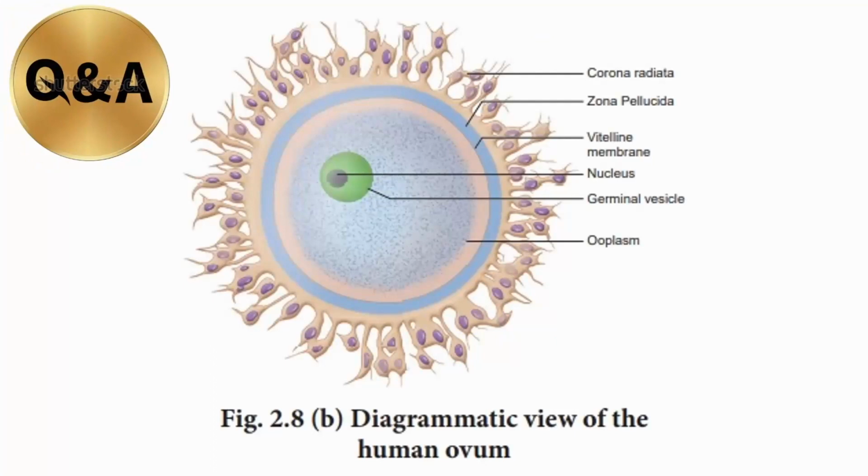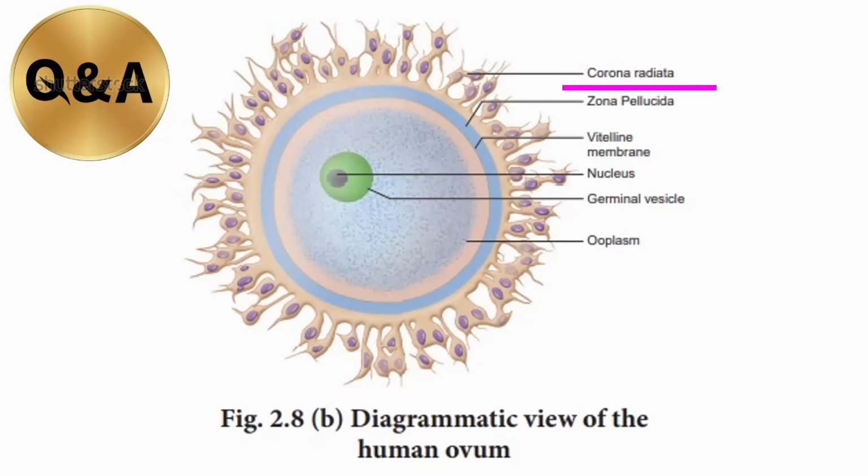We need the aid and the help of questions. What is this diagram? This is the diagram of the expelled oocyte with its coverings. And let's review what are the structures surrounding an oocyte. It is corona radiata.